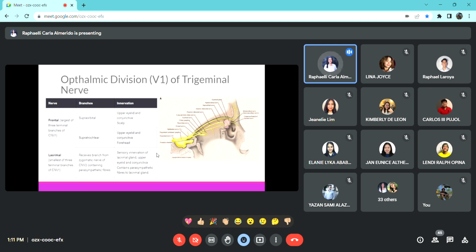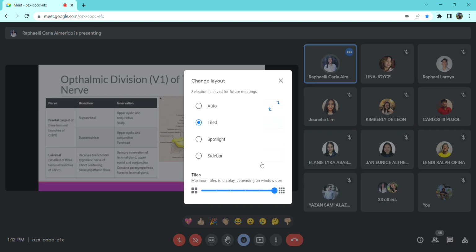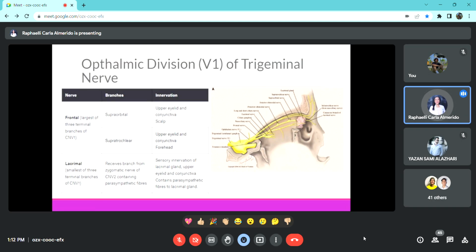Okay, and you have two sub-branches. The supraorbital, which innervates your upper eyelid and conjunctiva as well as your scalp area. Okay? And whereas for the supratrochlear, it innervates the same with the supraorbital, it innervates your upper eyelid and conjunctiva. But the difference is the other part it innervates is the forehead region.